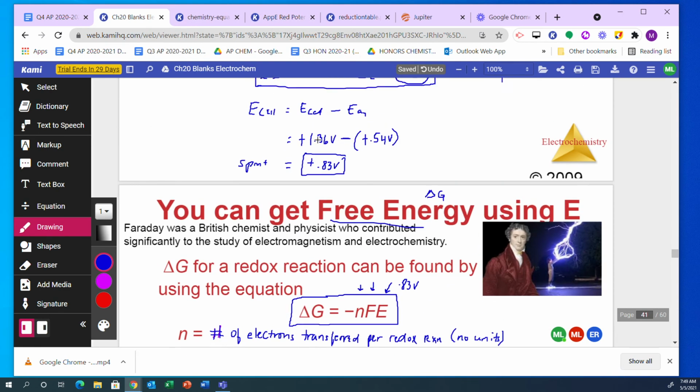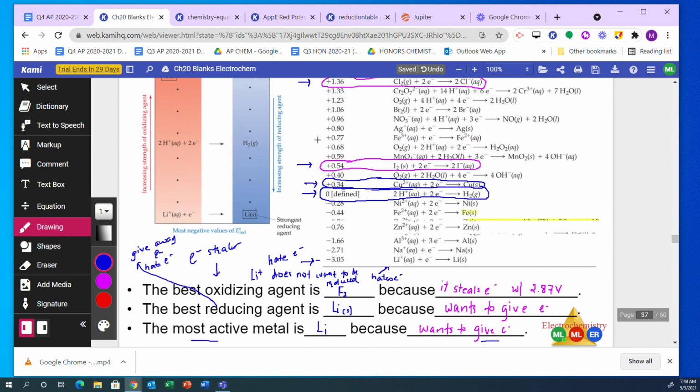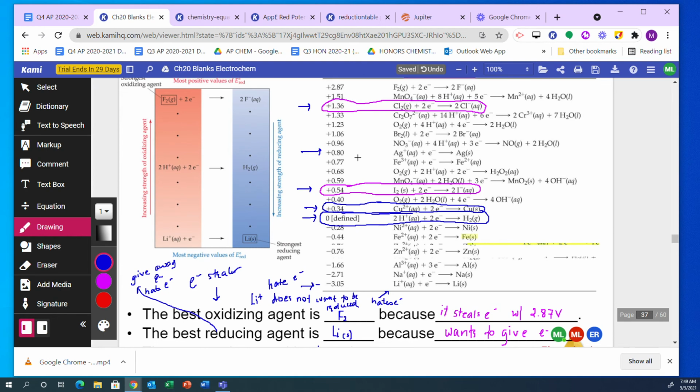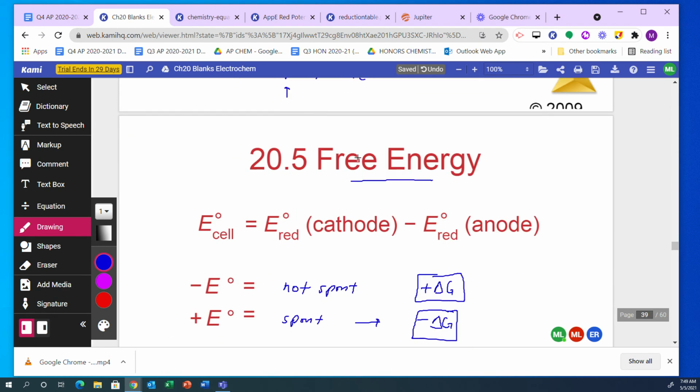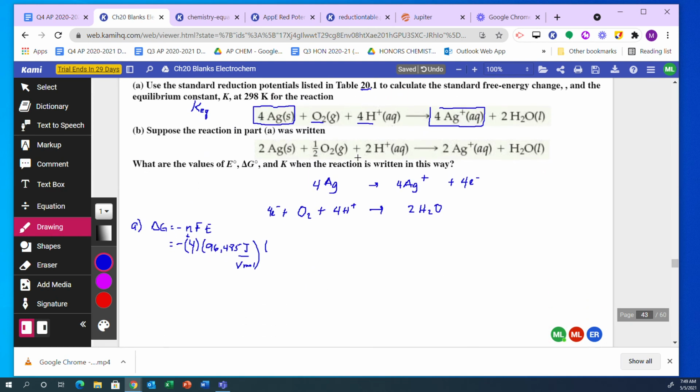Let me see if it's in this table. So it's right here, right? It's positive 0.80 as a reduction, okay. So I'm going to write this here for now. So even though there are 4 electrons, you're not going to multiply this by 4 because it's an intrinsic property. So just use 0.80 volts.